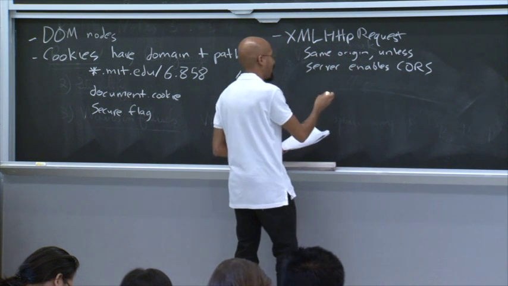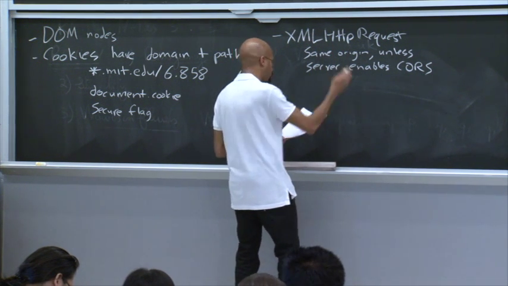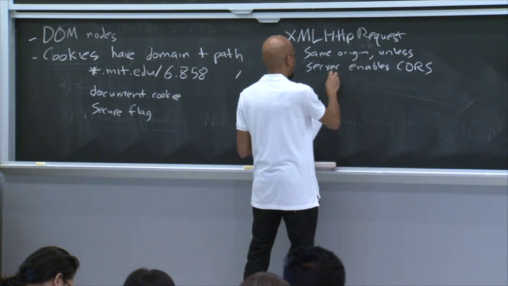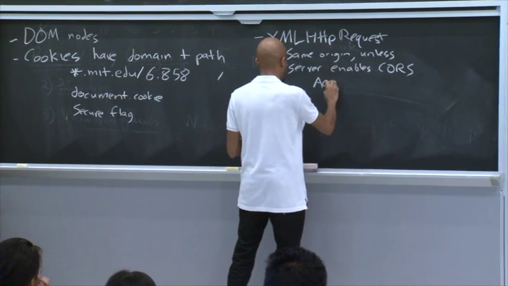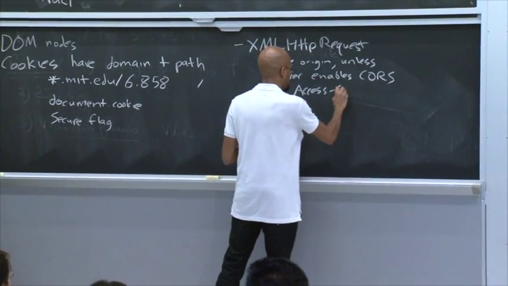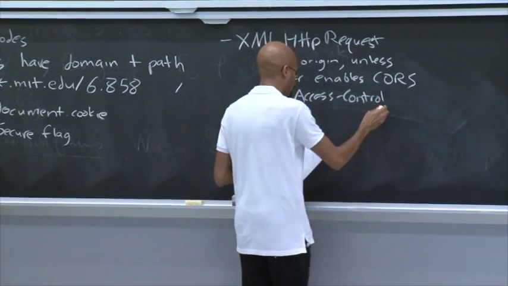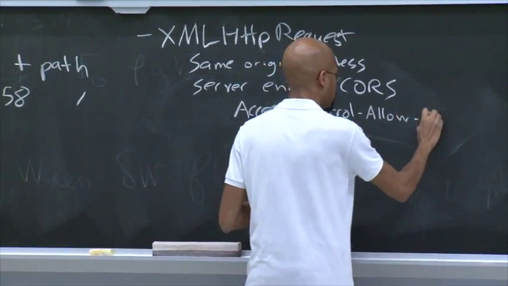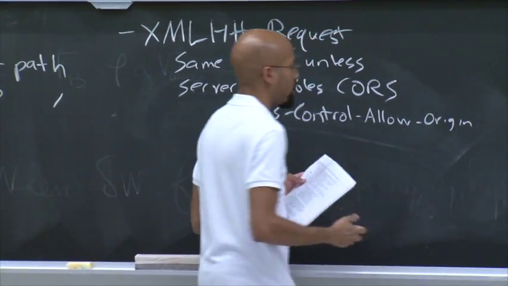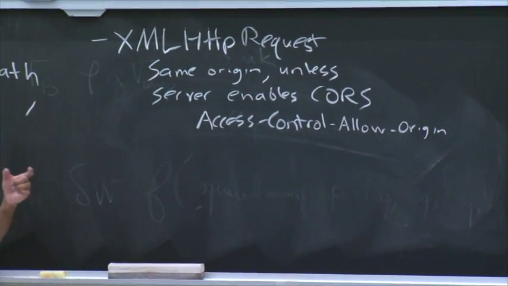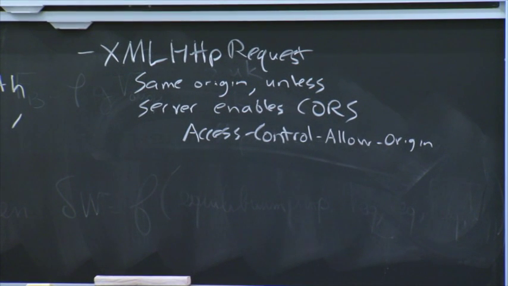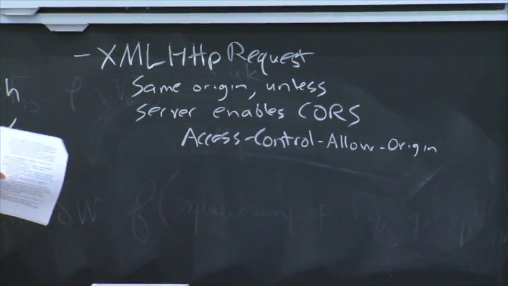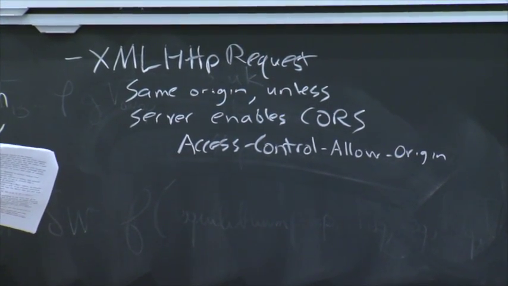And so basically, this adds a new HTTP response header called Access-Control-Allow-Origin. Right, so let's say that JavaScript from foo.com wants to make an XML HTTP request to bar.com. Right, so that's cross-origin, as we've described in the rules so far.